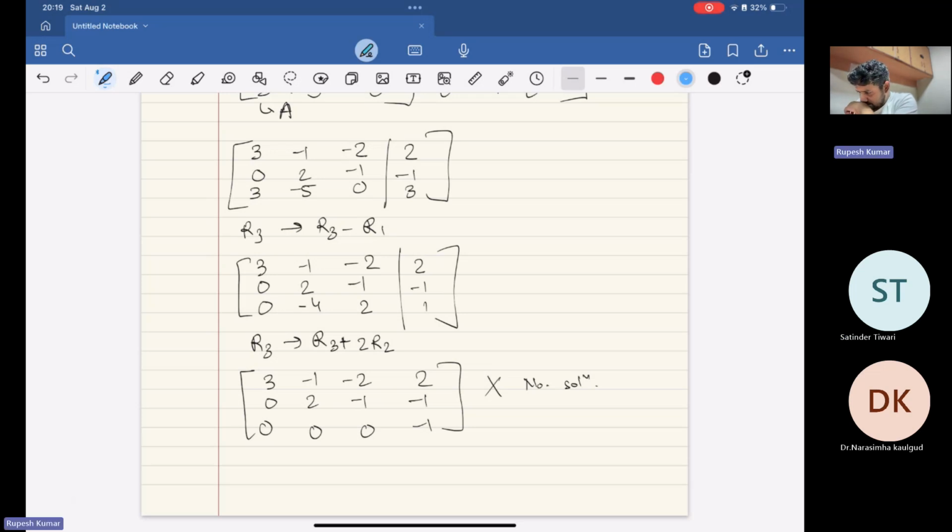Let me think. Because the leading coefficient is 3 in the first one, it is not in RREF. Now you can always scale a matrix row, right? However, if we try to do so, the other rows will be disturbed. But you can always say R1 equals R1 by 3.